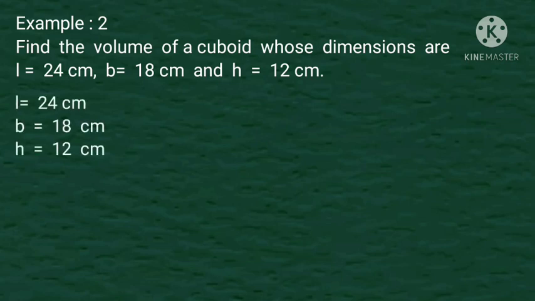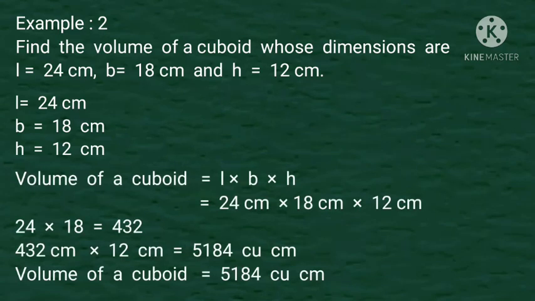Volume of a cuboid formula L into B into H. That is 24 centimeter into 18 centimeter into 12 centimeter. 24 into 18, 432. 432 into 12, 5184. 5184 cubic centimeter.